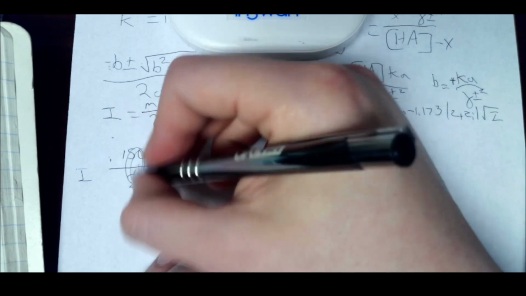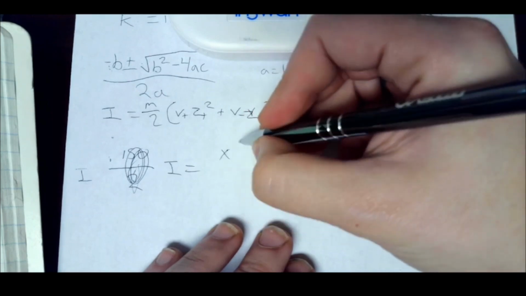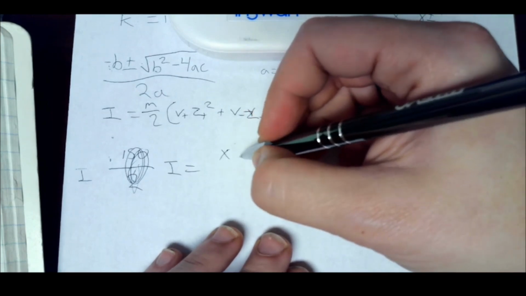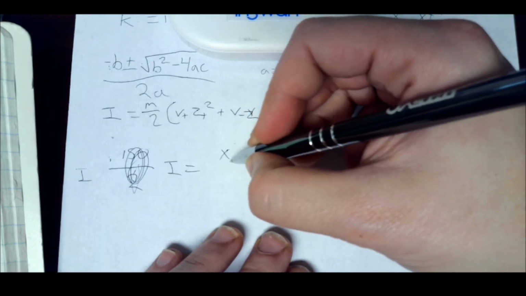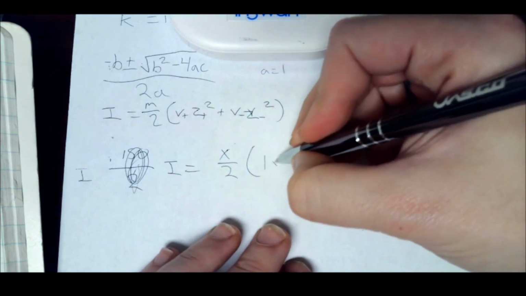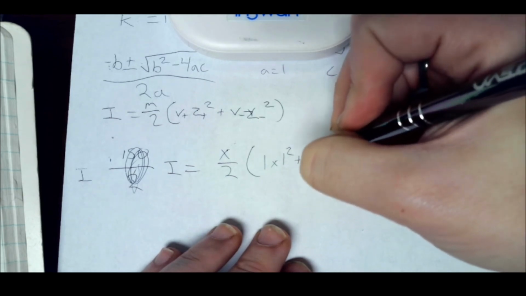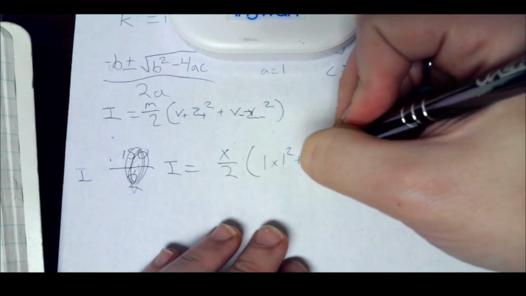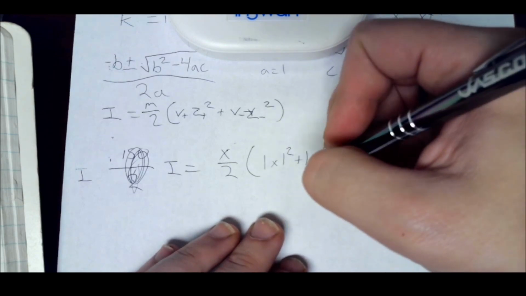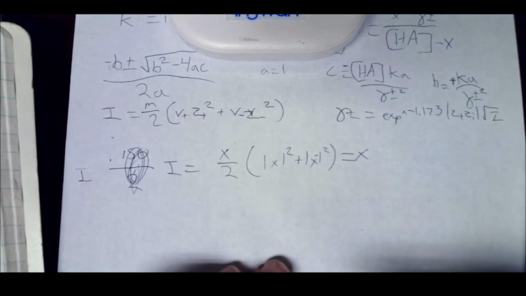No matter what, I is going to just be whatever x is. The ionic strength is going to be whatever x is divided by 2, times 1 times 1 squared plus 1 times 1 squared, or negative 1 squared. So that's going to be 2 over 2. So I is just going to be equal to whatever the concentration x is.